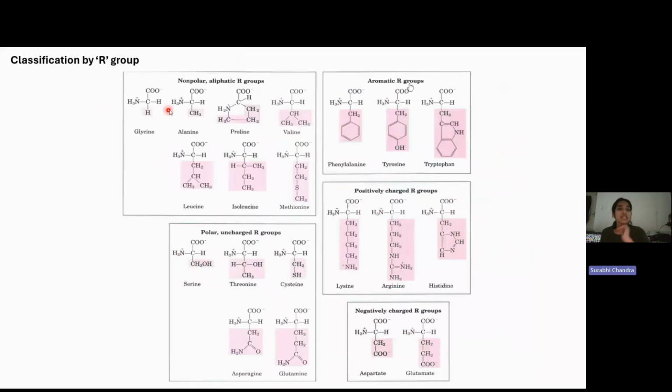Another group is the aromatic R groups, where you have phenylalanine, tyrosine, and tryptophan. These amino acids have bulky benzene rings, or more complex heterocyclic rings, with double bonded character and a delocalized electron cloud all over, which gives it the aromaticity.